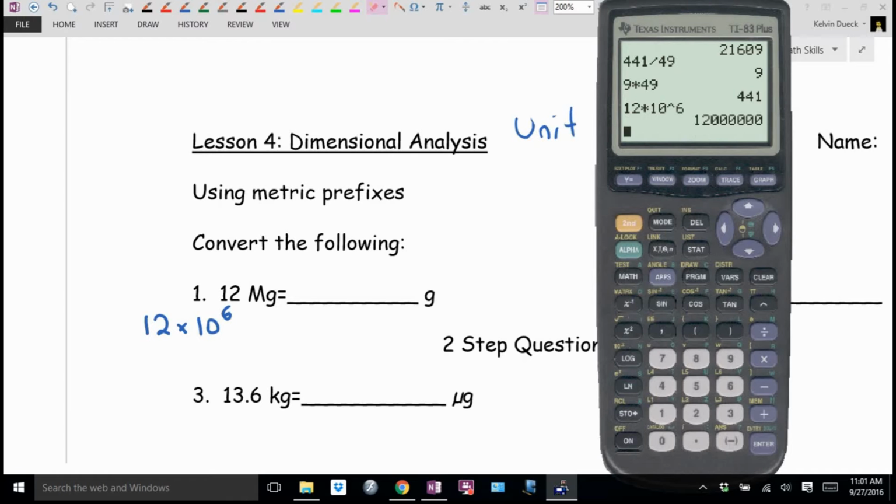You get that. Final answer, unless I say different in the instructions, Jordan, I don't care whether you write it in scientific notation or standard form. I think here it would be shorter to write this in scientific notation, so I'll write it in scientific notation. If the answer was 1200, I'd probably just write it as 1200 because it's more work to write it in scientific notation.